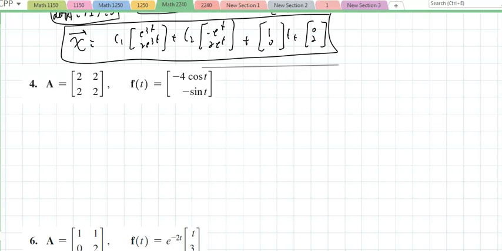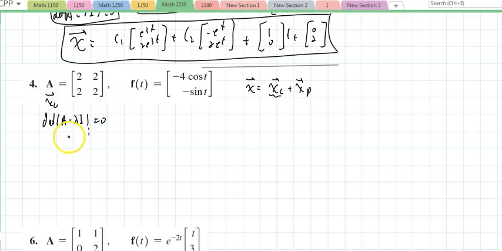I'm going to figure out the complementary and the particular. I'm going to write out the actual particular. So here I'm going to say, well, the complementary. I'm going to have to figure out the determinant of A minus lambda I equals 0 to figure out the complementary solution.